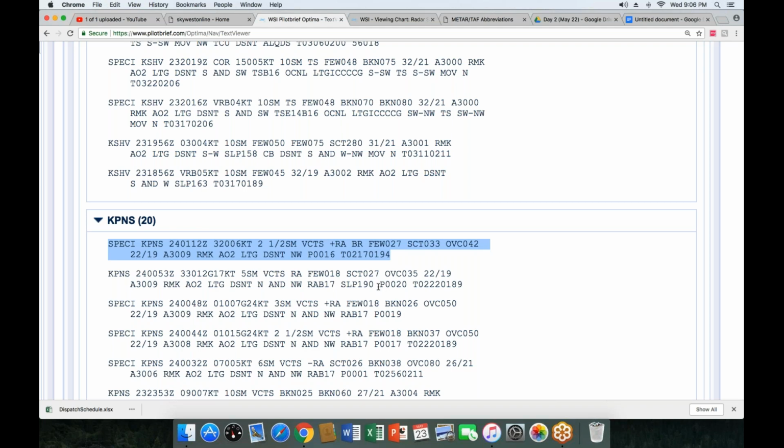Good. Yep. So this 2.5 miles visibility. So VC, in the vicinity, TS, thunderstorms. So thunderstorms in the vicinity, okay? So heavy rain, and then BR stands for mist. So kind of like fog, but mist. I can't remember exactly how they determine if it's mist or fog.